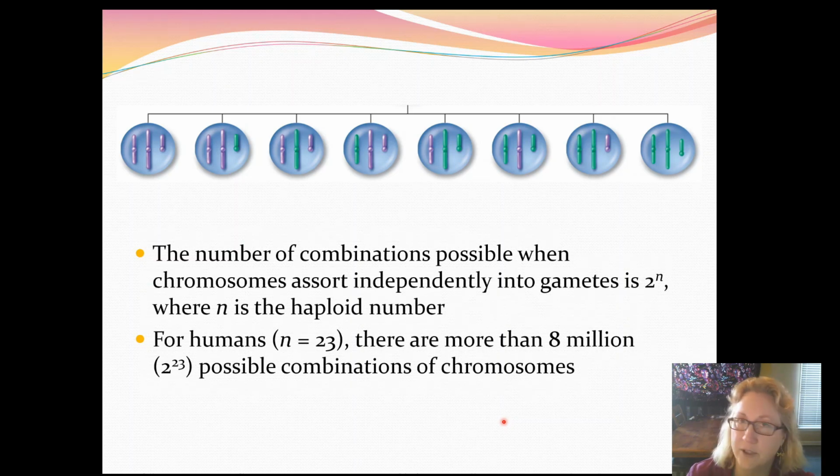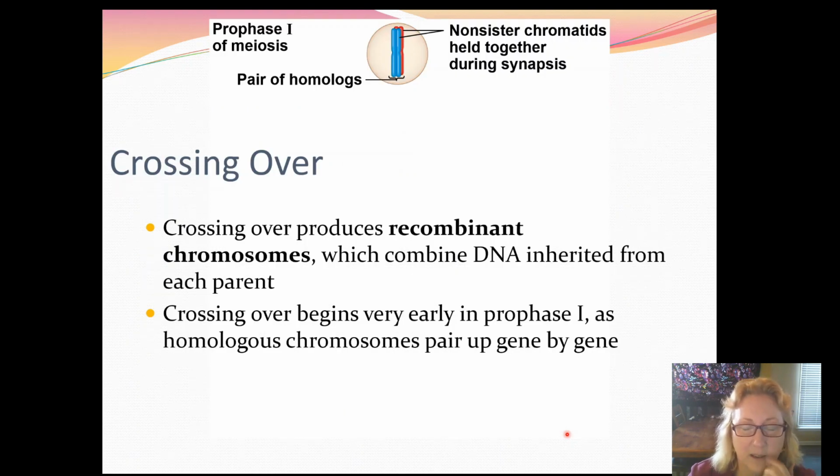That's not even counting crossing over, which is going to increase that even more because half of the chromatids that are involved in meiosis are not going to be the parental types. They're going to be recombinations of the 2 different ones. So more than 8 million different possible gametes just from independent assortment. Now crossing over is going to increase that even more.